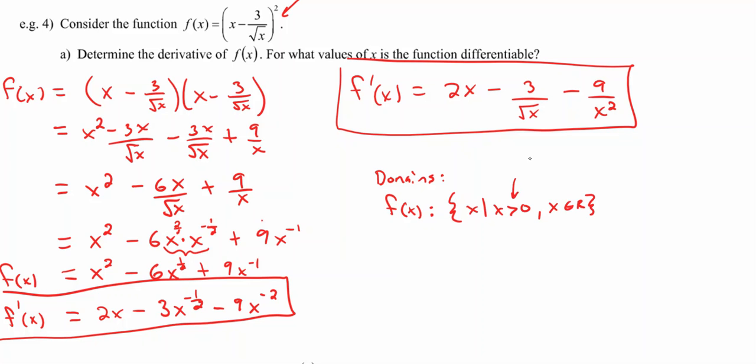And just greater than, not greater than or equal to, because it can't be 0 either. It can't be 0, so it has to be greater than 0. And then for f prime of x, the derivative, it's going to be the same thing, right? They'll be the same. x such that x is greater than 0, where x is a member of the real numbers.